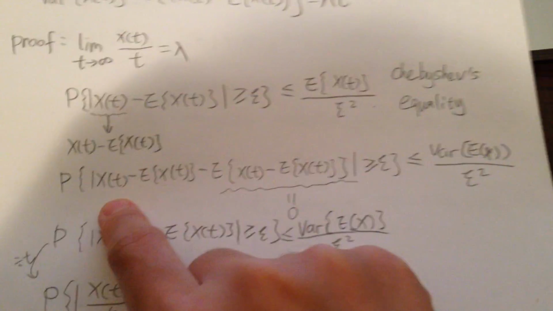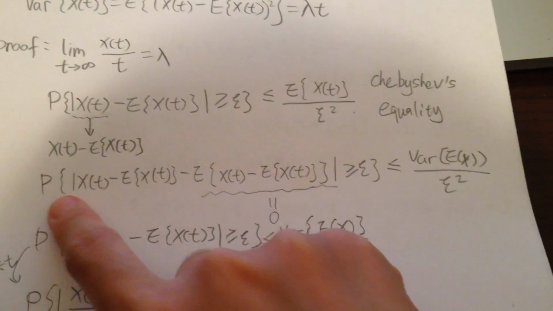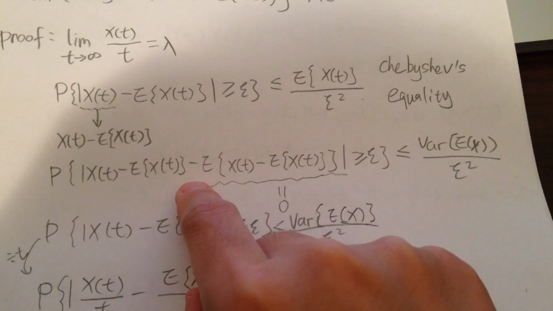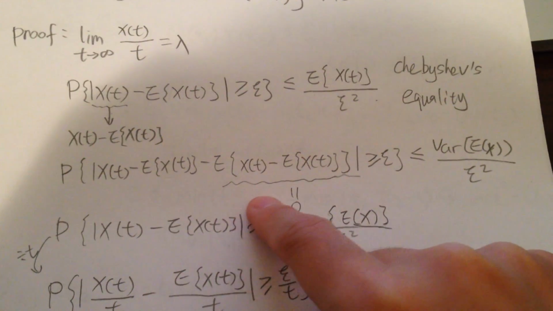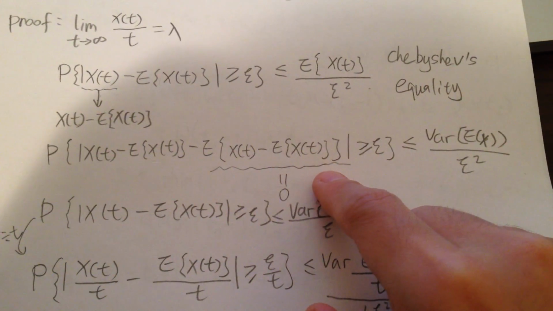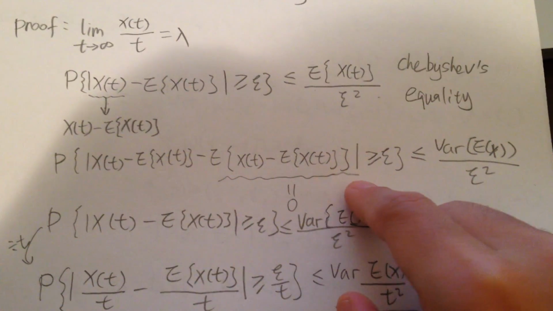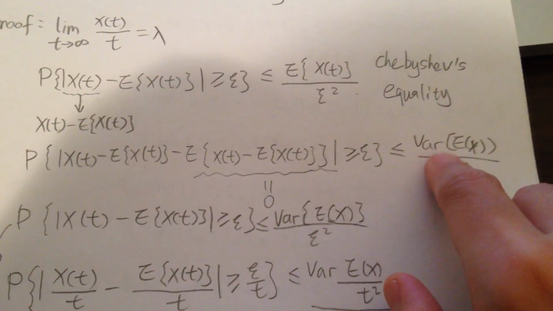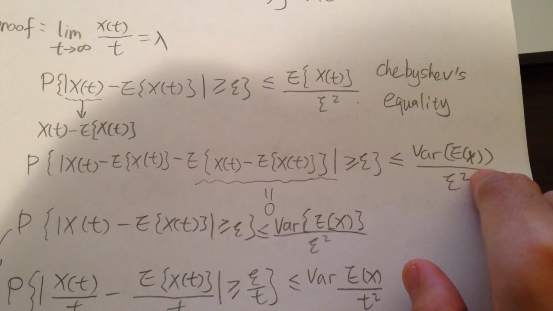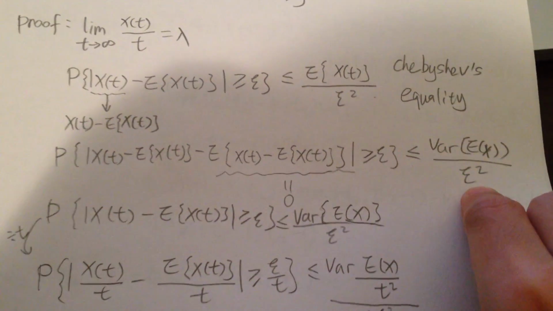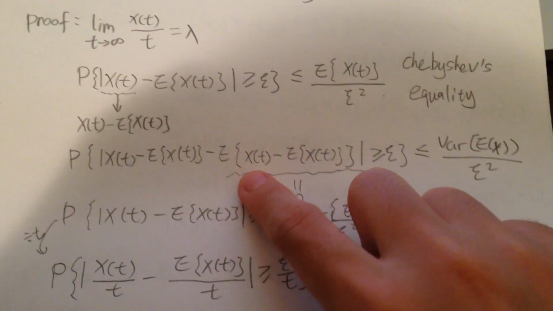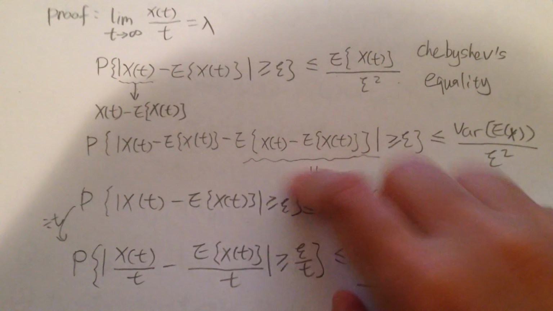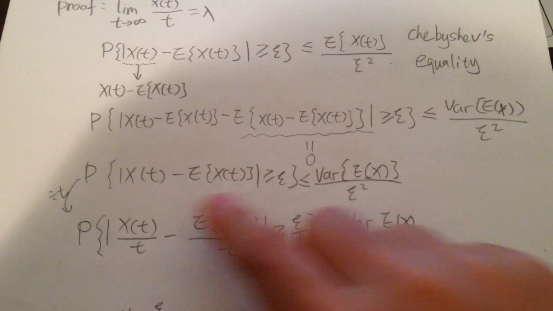Then we can get this equation. And because this part equals 0, this equation can be written like this.